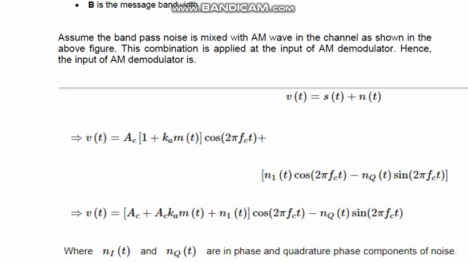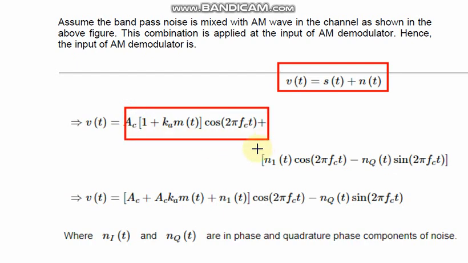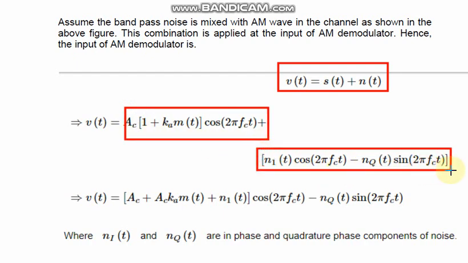Okay, now let us watch the block diagram. As you have seen in the block diagram, the band pass filter output v(t) is equal to s(t) plus n(t), the sum of the modulated wave plus the noise signal. This part is s(t) and this part is the noise signal.